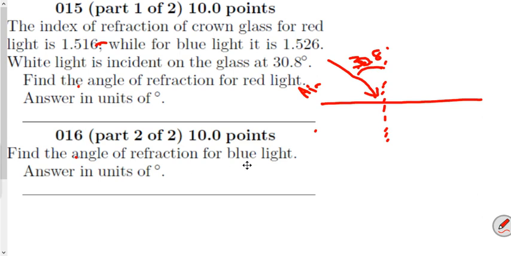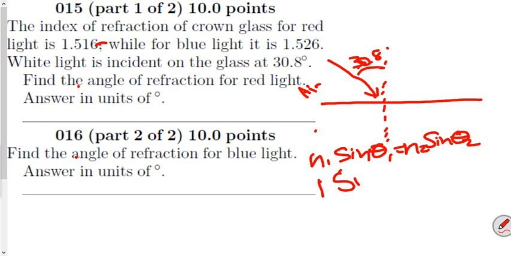So Snell's law is N1 sine theta 1 is equal to N2 sine theta 2. All right. I'm going to have this as 1 sine, my angle is 30.8, is equal to my N2 for red light, which will be 1.516, sine theta 2.